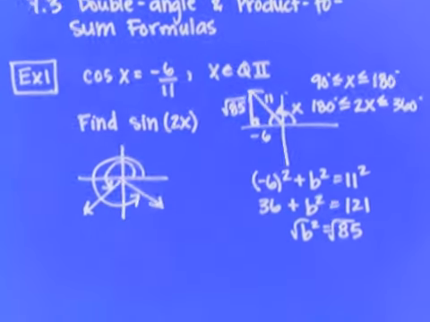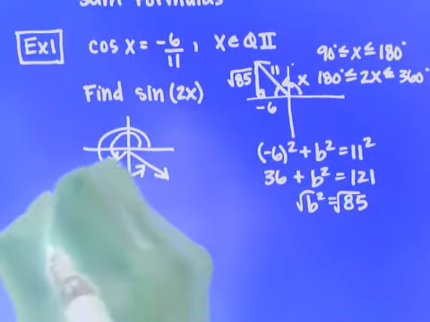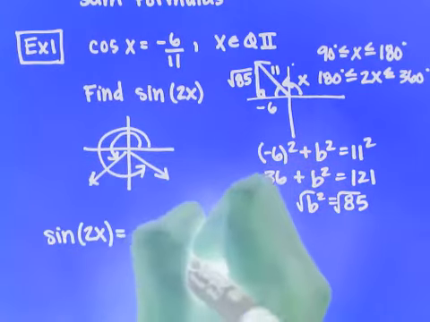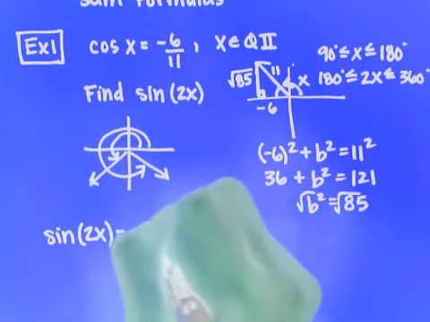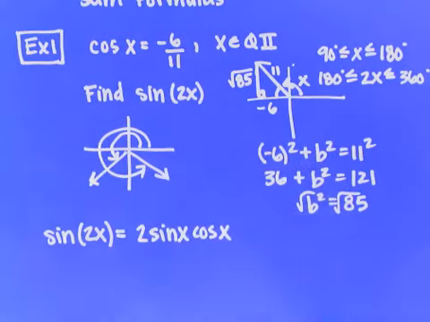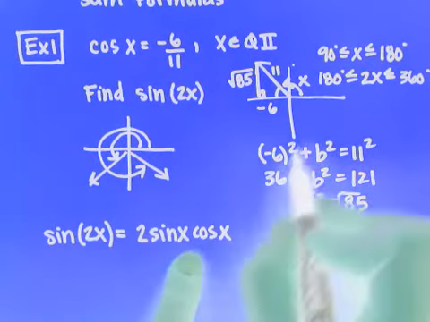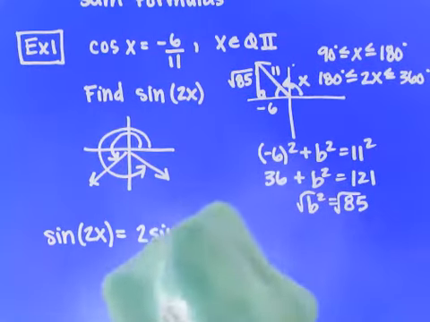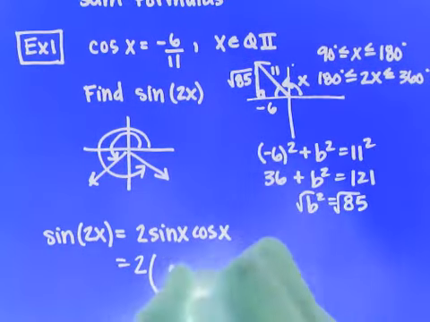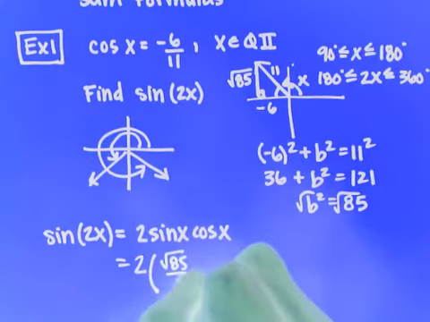That being said, we're going to go ahead and look at the sine of 2x. We're going to use our double angle formula out of the textbook. So we've got 2 sine of x times the cosine of x. Well, now I know what sine of x and cosine of x are because I've got my triangle from before. So I know that sine of x is the opposite over the hypotenuse, so root 85 over 11.